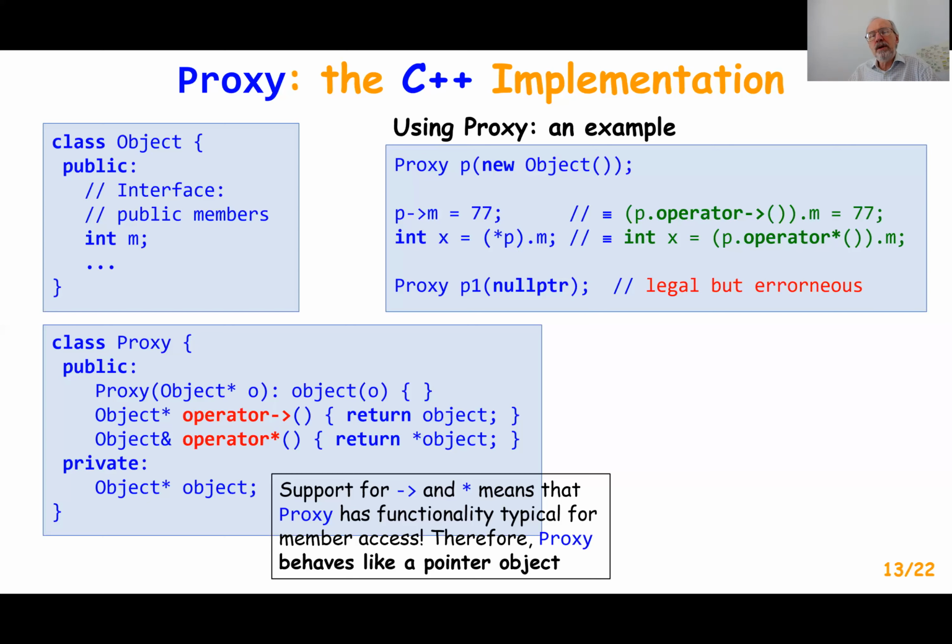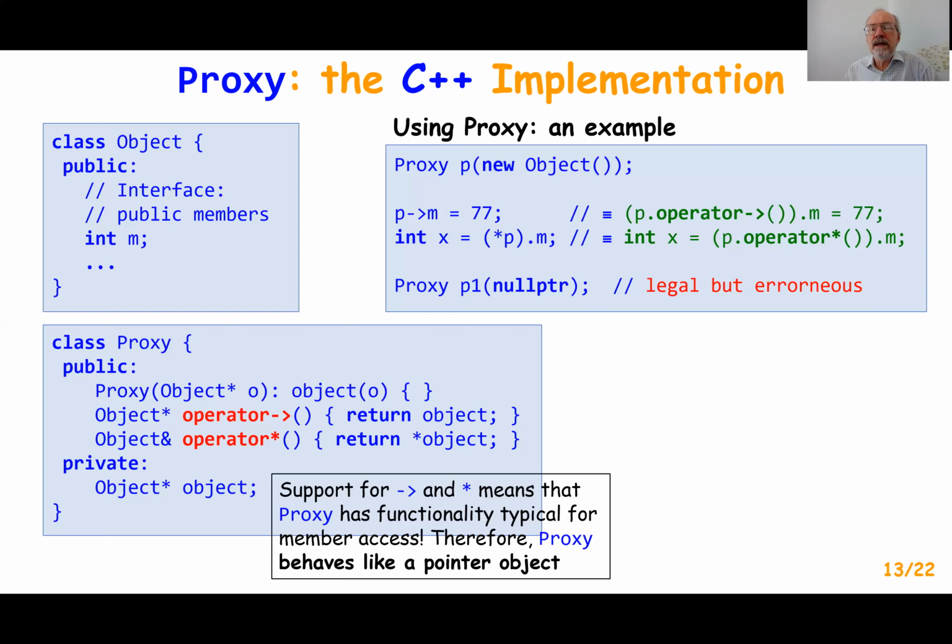I have declared P1 as also a proxy. However, I have initialized that P1 object by a null pointer. It is completely legal, because the constructor of proxy accepts a pointer, and a null pointer is automatically a good replacement for any pointer.